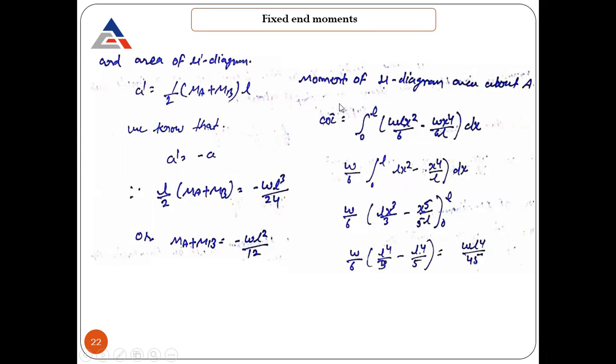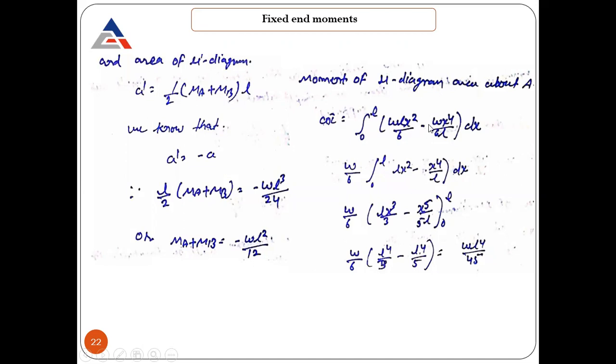Again, you can integrate, or you can say put the M/EI diagram about the A point. The one point we need to take out is A X bar, means moment of area diagram. Moment of area means area into the perpendicular distance that we need to multiply. So 0 to L, WLx was there, Wx into x by 6.